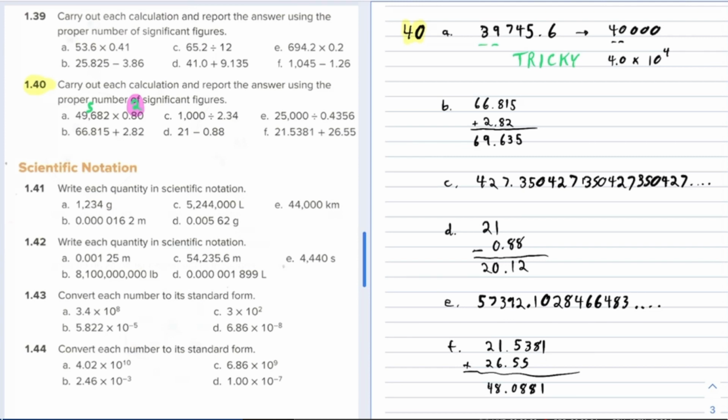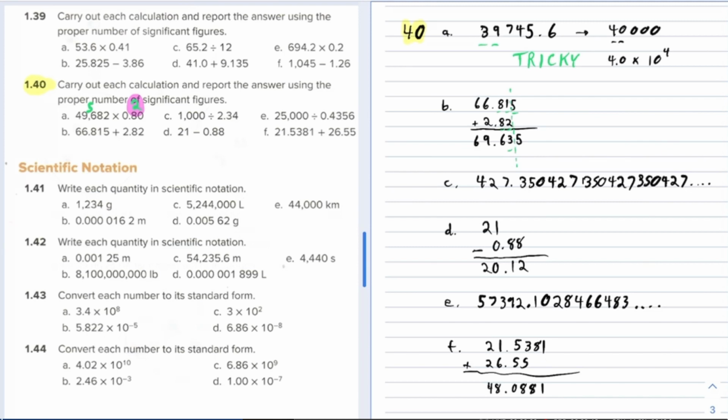The addition subtraction rule says that the answer keeps the least number of decimal places. Okay, so the way you figure that, the first one goes out to 3 decimal places, the second one goes out to 2, so you're going to chop it off at 2. You're going to round it right there.